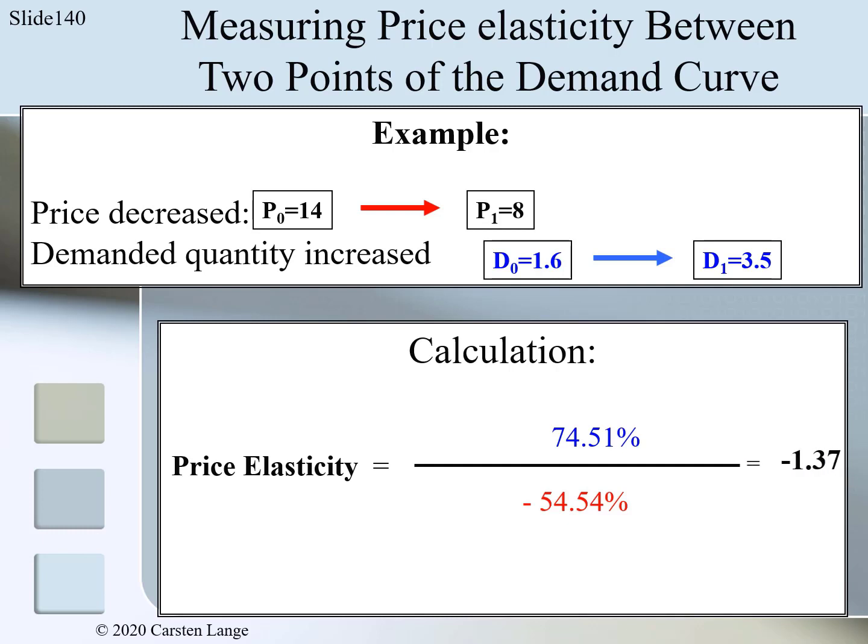And the result is negative because we divided a positive quantity change by a negative price change. A price elasticity of demand of minus 1.37 means that the quantity demanded reacts approximately 1 1/3 times stronger than the initiating price change. Or, if the price changes by 1%, quantity demanded would change by 1.37%.